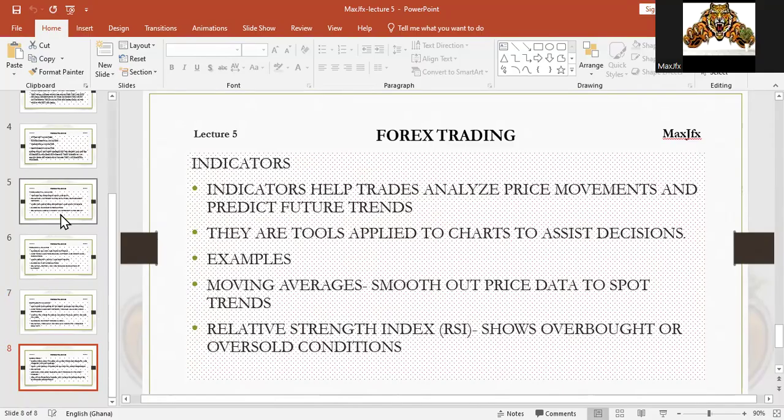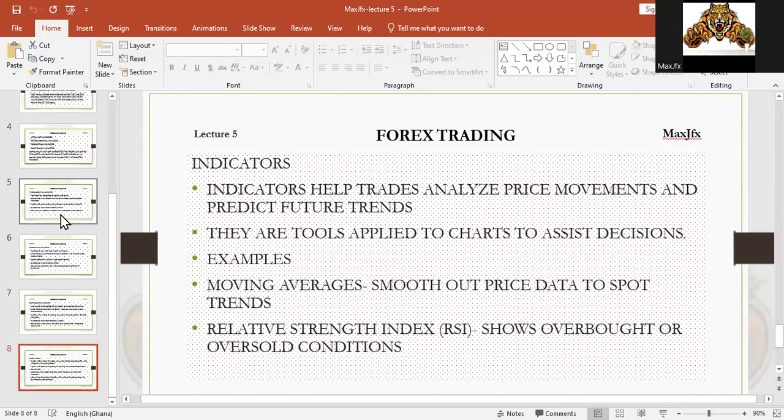All right, so the last slide is indicators. Indicators help traders analyze price movements and predict future trends. They are tools applied to charts to assess decisions. Examples are the moving averages, which smooth out price data to spot trends, and also the relative strength index, which shows overbought or oversold conditions.